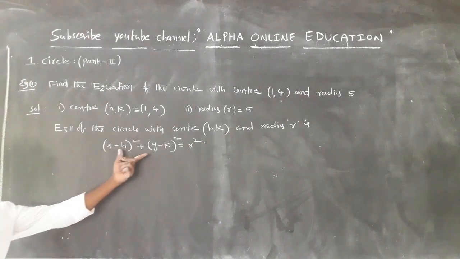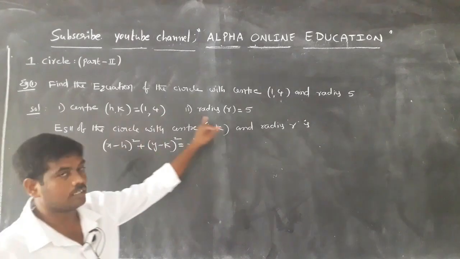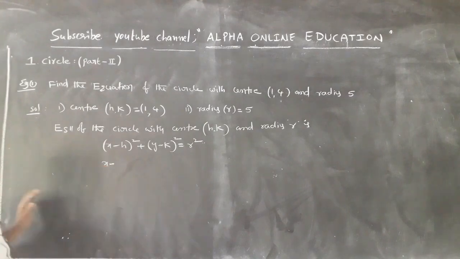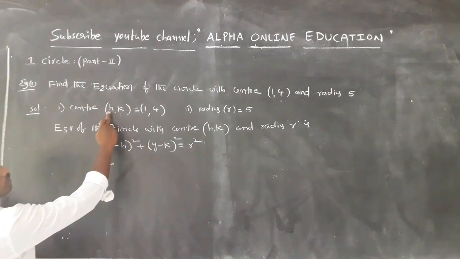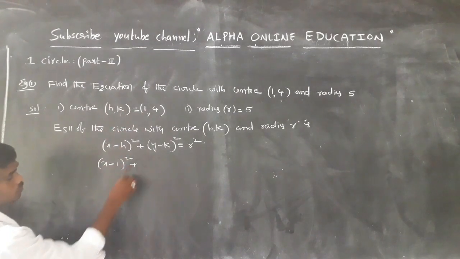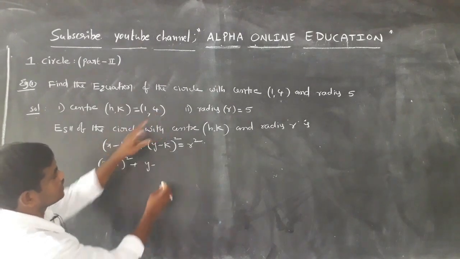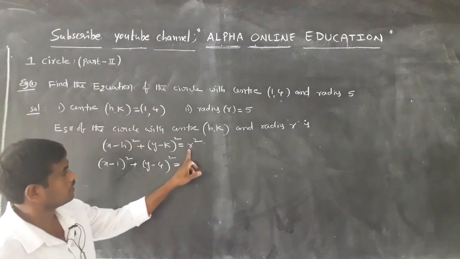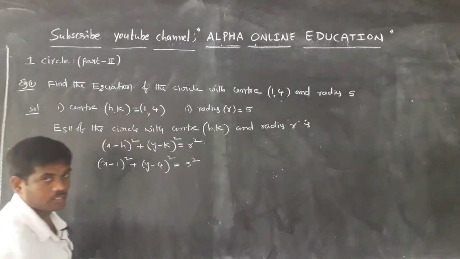This is the formula for finding the circle given center and radius. Here substitute center and radius values. x minus h equal to 1, x minus 1 whole square plus y minus k is equal to 4, y minus 4 whole square is equal to r equal to 5 square.